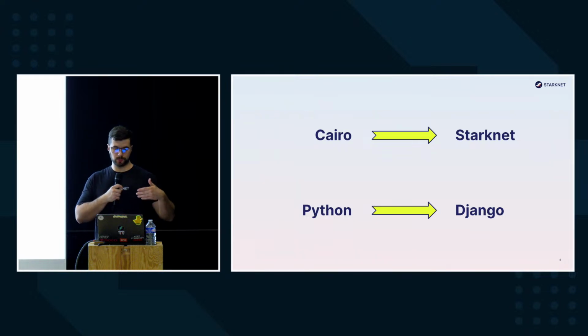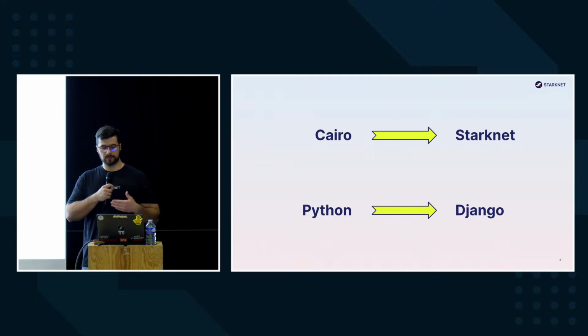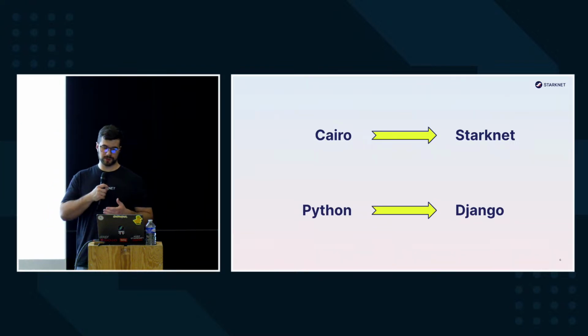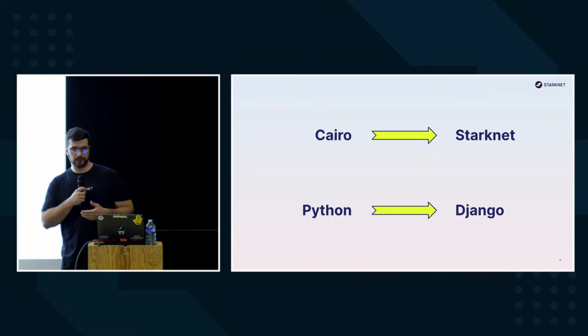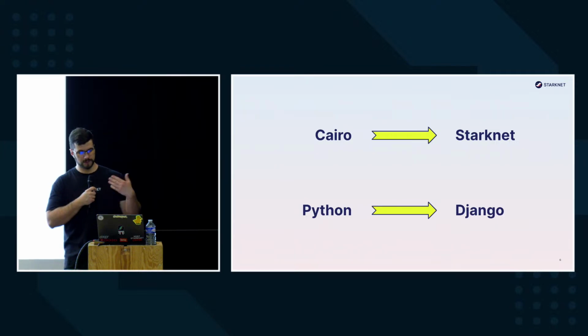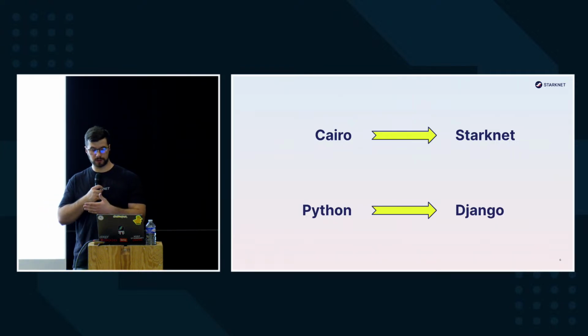So the relationship between Python and Django is the same as with Cairo and Starknet. Cairo is basically the general purpose programming language that allows you to create provable programs. And with a set of special syscalls and libraries, you can deploy smart contracts on Starknet. So you can write smart contracts with Starknet. So this is the relation between Cairo and Starknet, and Python and Django.